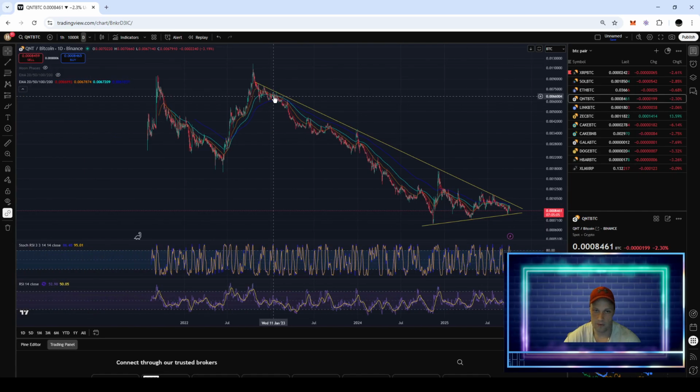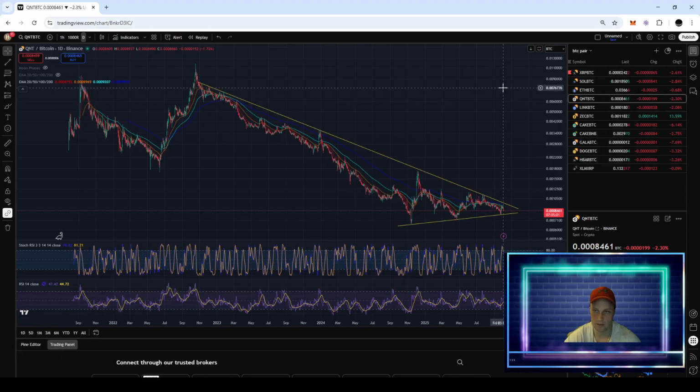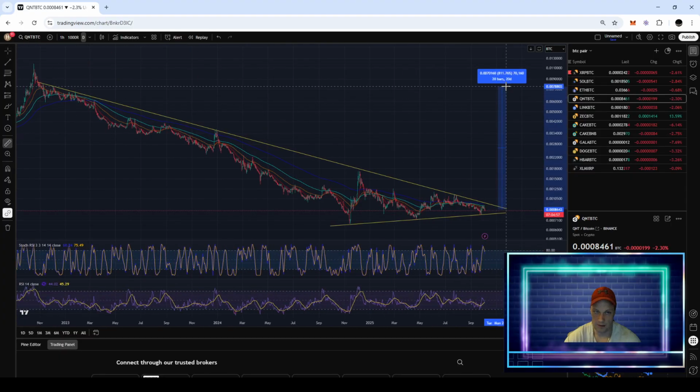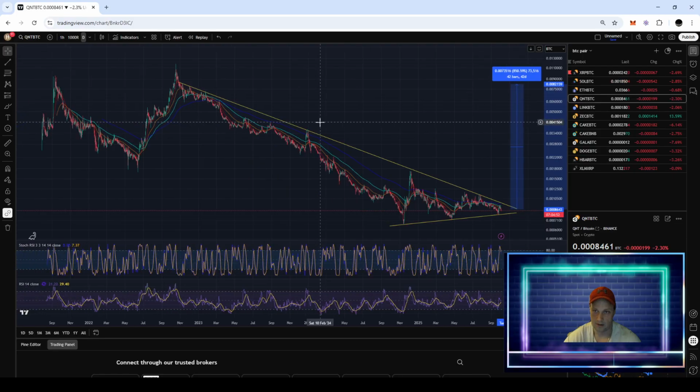And if you zoom out on this chart, you might think, oh, this is not going to get up there. How much could that actually be? But if you take the percentage, this is almost 900% in case you would go back here, which is absolutely nuts. Of course, there's no guarantee if you get a breakout that you go above there.